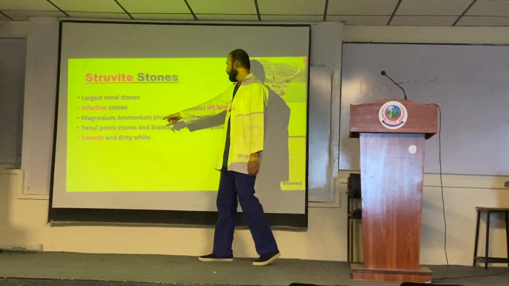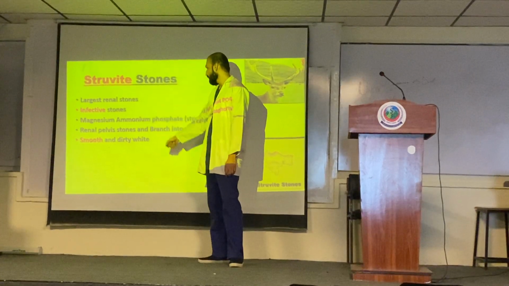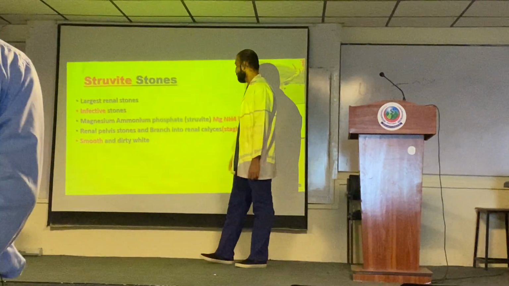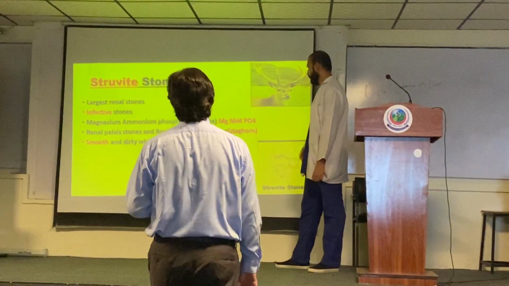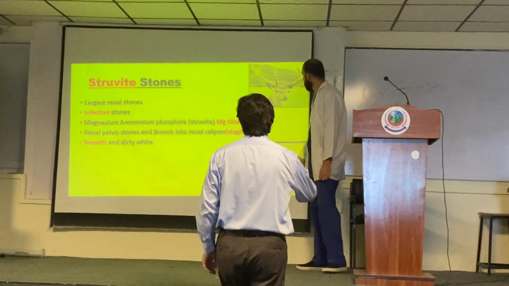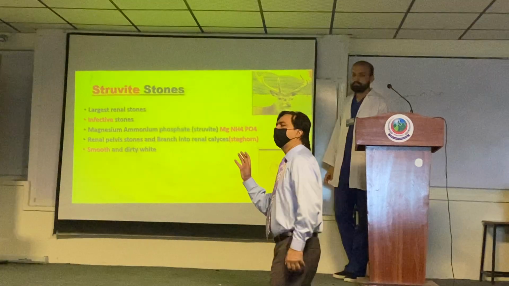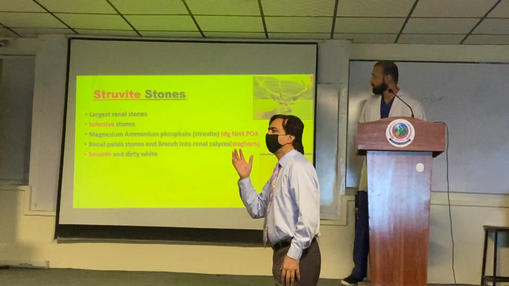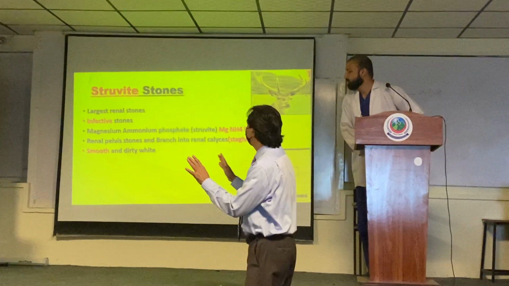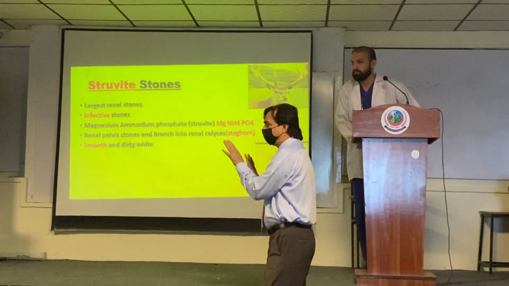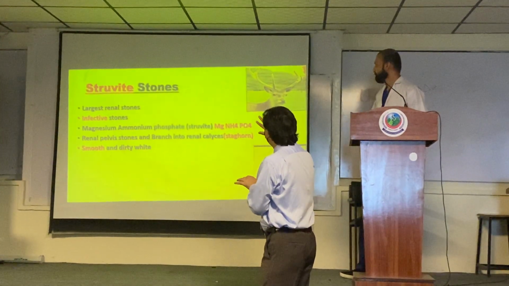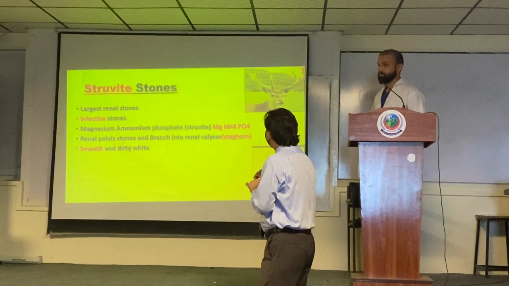It enters the renal pelvis and branches into the renal calyces, and there is a specific color of the stones, dirty white, and it is very smooth. The stone is not entering into the pelvis. They are formed in the pelvis, and they form into major and minor calyces. So these are the calyces and the distribution.